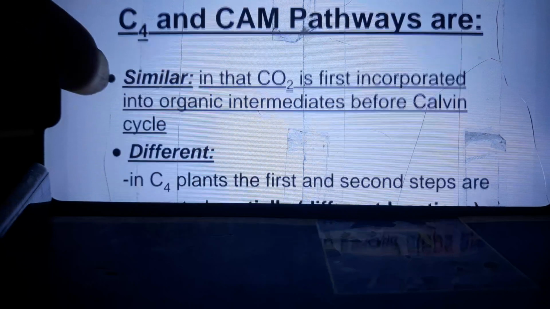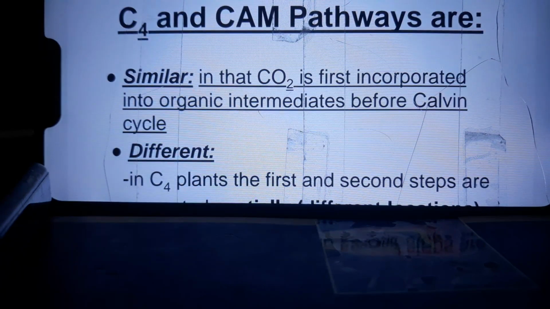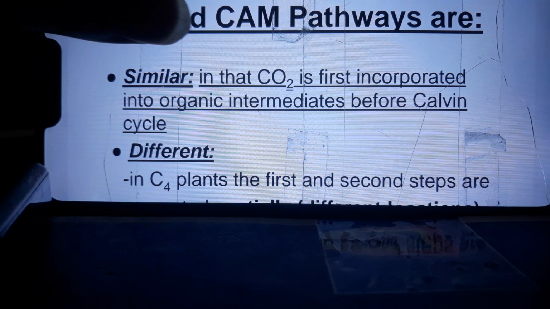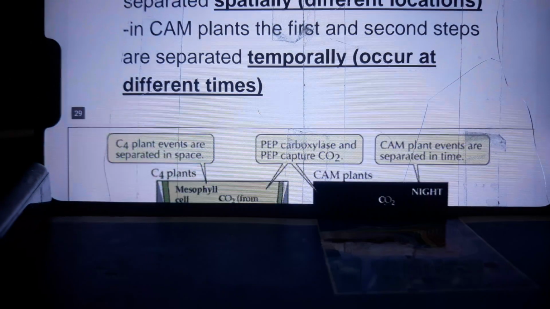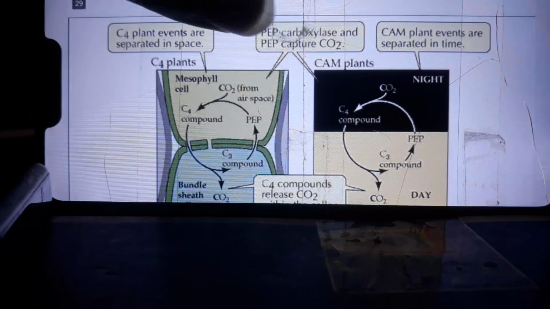C4 and CAM pathways are similar in that carbon dioxide is first incorporated into organic intermediates before the carbon cycle. They differ in that in C4 plants, the first and second steps are separated spatially, in different locations. In CAM plants, the first and second steps are separated temporally, occurring at different times. So here we have it.